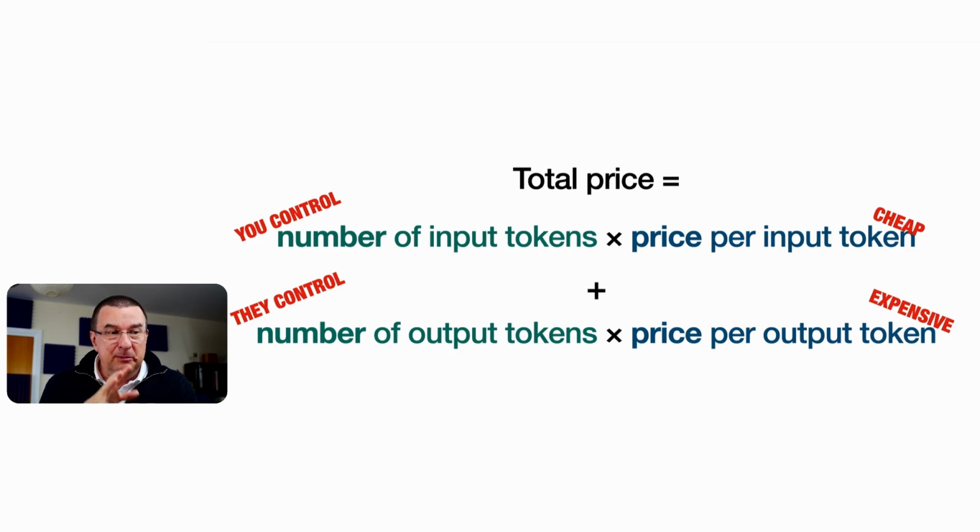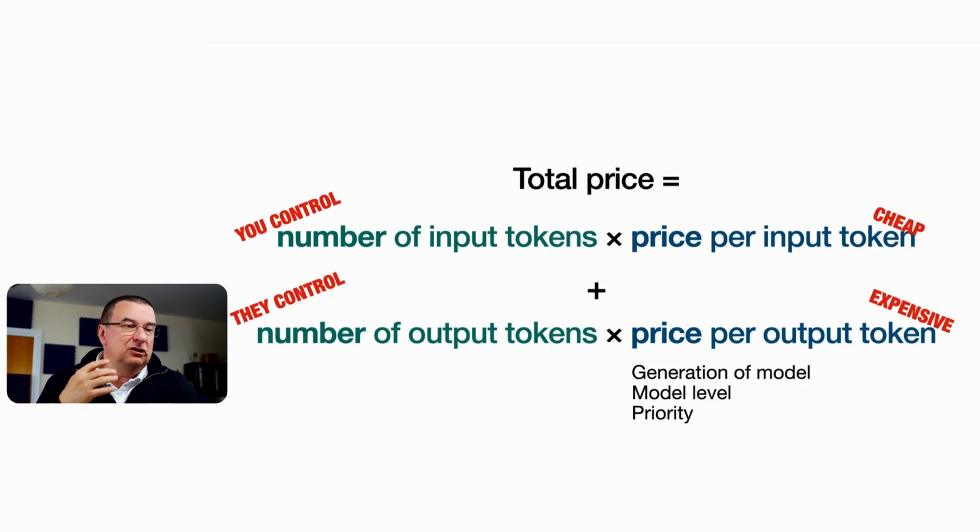Now, the price per output token is variable, right? It depends on what generation of model you are using or what model level. So for example, you would have the 5th generation Claude models, and Fable is more expensive than Opus, which is more expensive than Sonnet, etc. And then you also have priority, right?